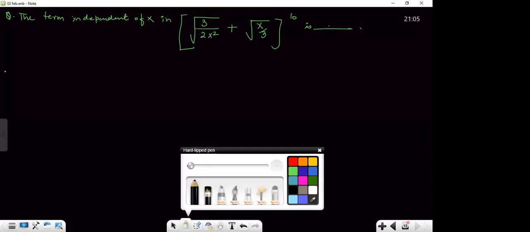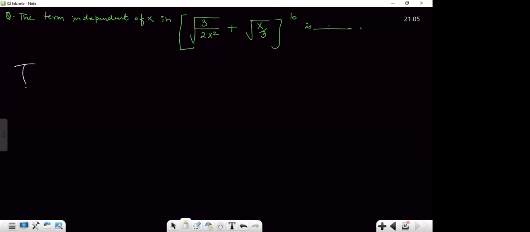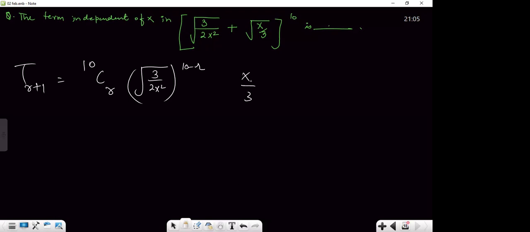Whenever we are discussing a term, we'll find its general term. So 10Cr (square root of 3 divided by 2x square) to the power (10 minus r), times (square root of x by 3) to the power r. Square root of x by 3 means x raised to half, 3 raised to half, and its whole power is r.